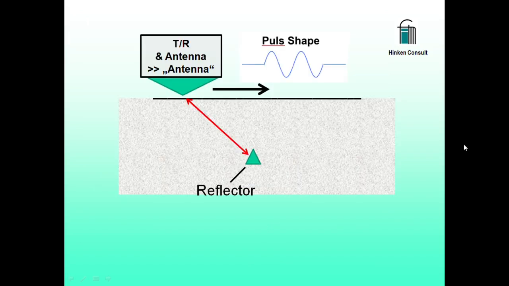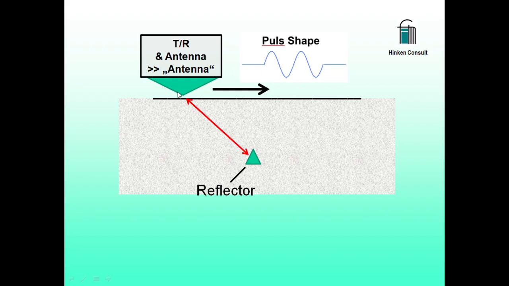So let's look at the functional principle of the ground penetrating radar. We have the transmit and receive antenna module, which altogether is called the antenna by the GPR people. This irradiates a short electromagnetic pulse into the ground. The pulse shape is sketched here. It is a small section of a sinusoidal oscillation.